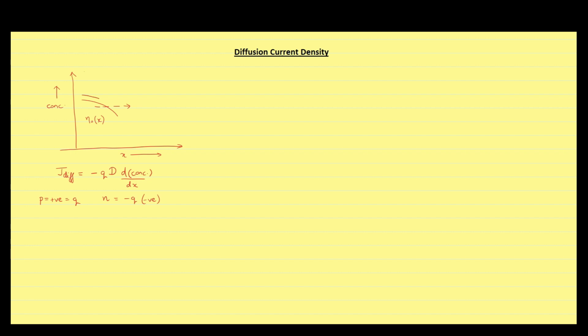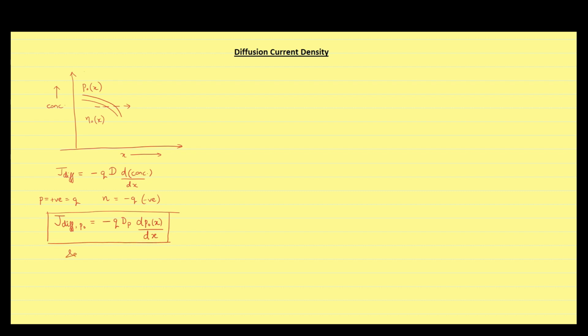Let the change in concentration be represented by p(x). The x within brackets represents that hole and free electron concentration is not constant throughout the semiconductor and is a function of distance x. Diffusion current density for holes is equal to minus q multiplied by the diffusion constant of holes multiplied by the gradient of hole concentration.